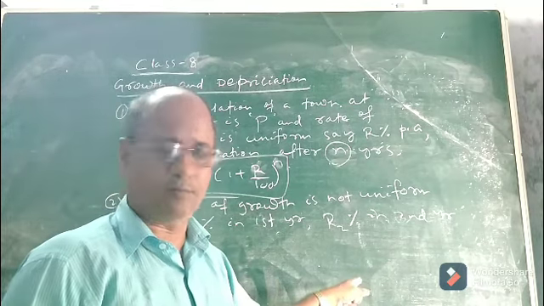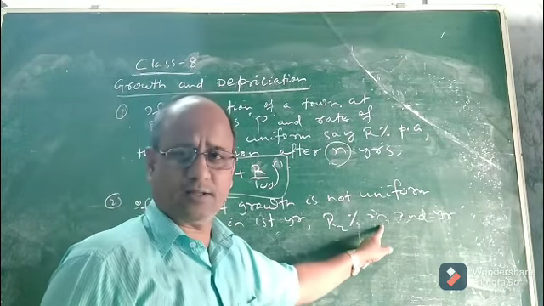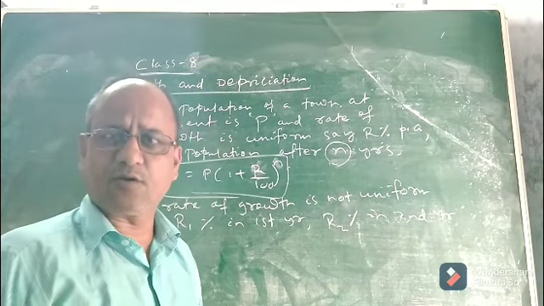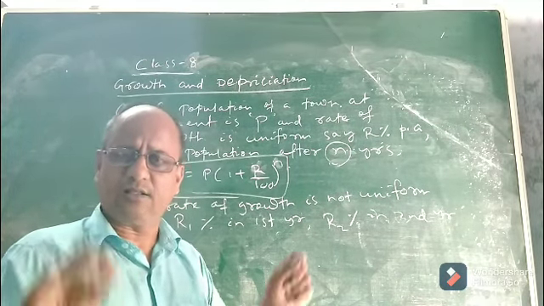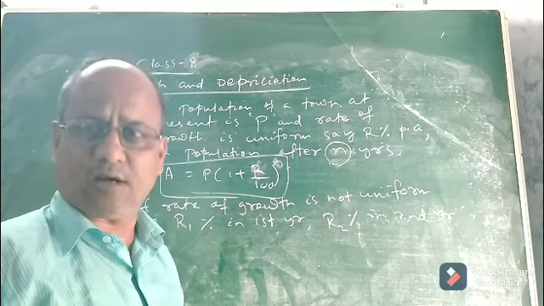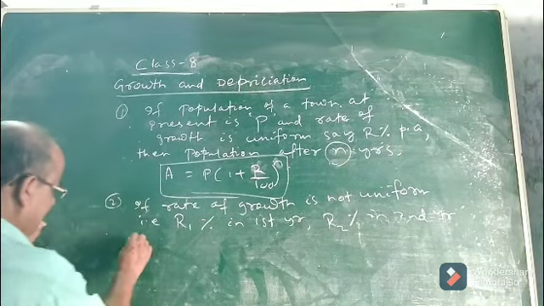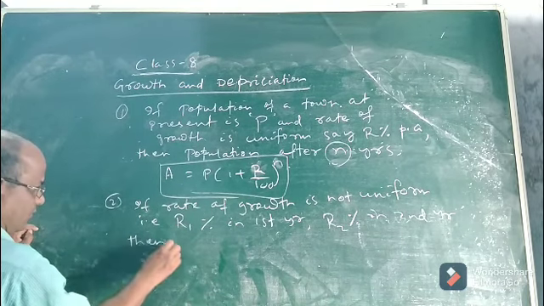If the growth rate continues in this manner, then what will be the total population of the town or city or the country after n years? How to find out? How to get the population?